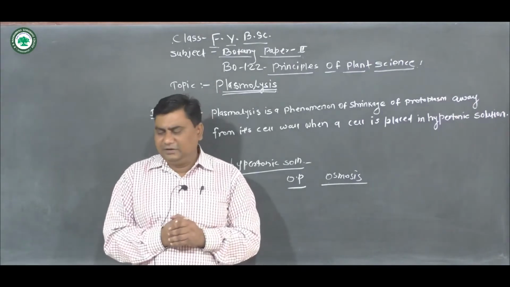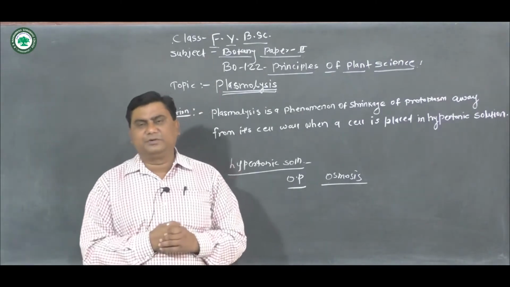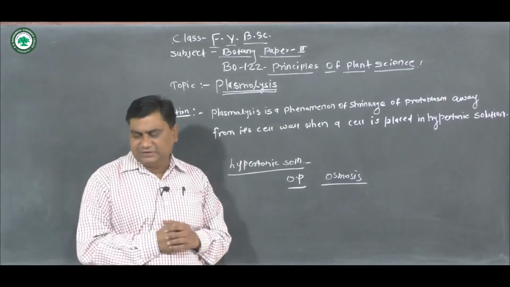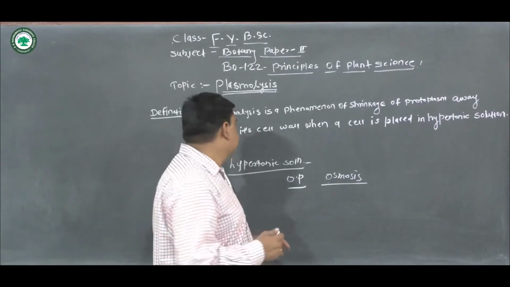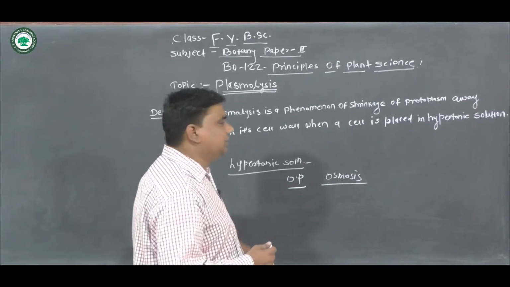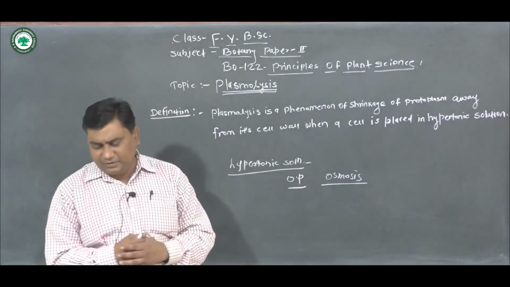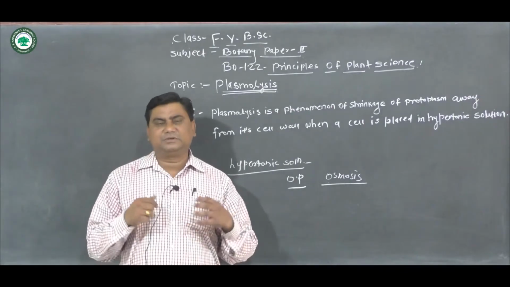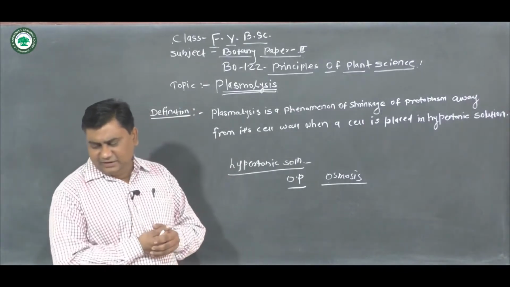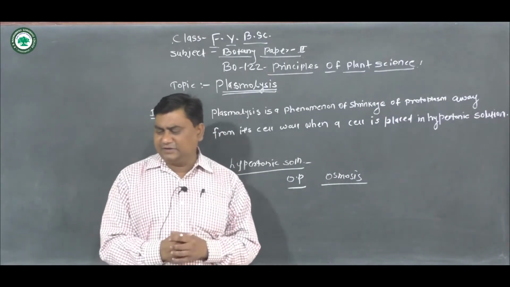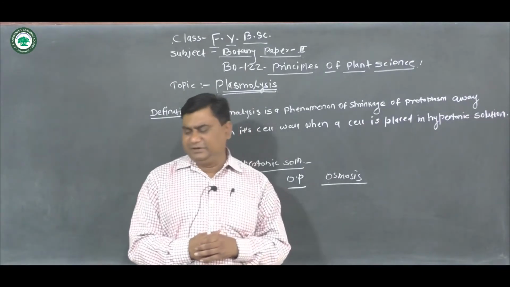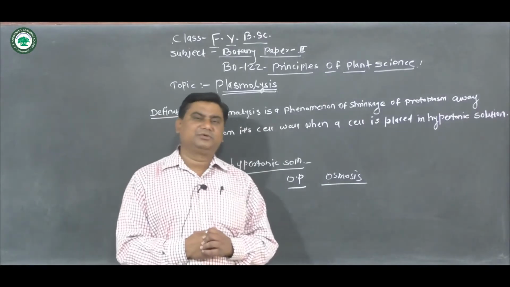This is called plasmolysis, and the cell is said to be a plasmolysed cell. In plasmolysis, the space between the contracted protoplasm and the cell wall remains filled with the external solution.